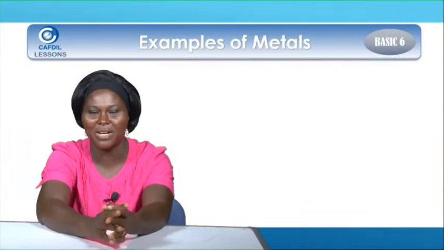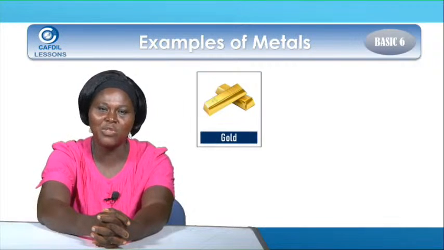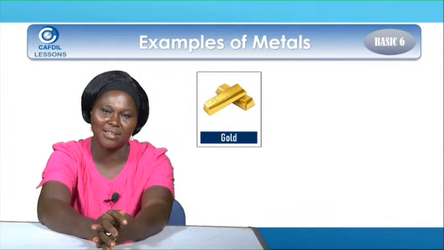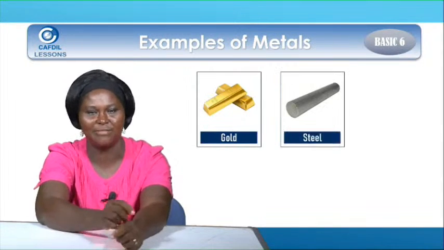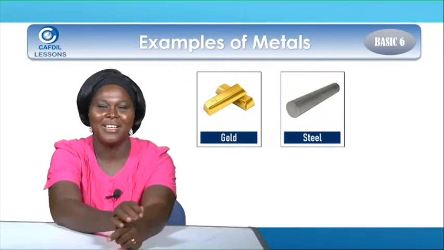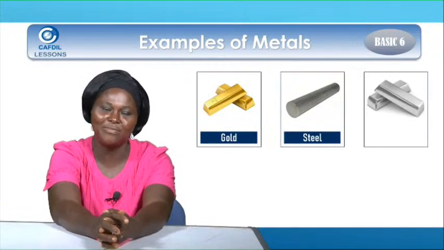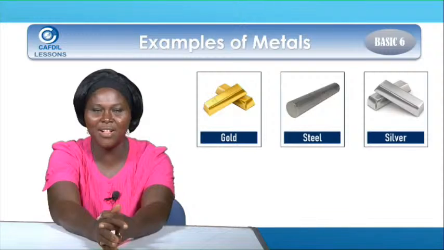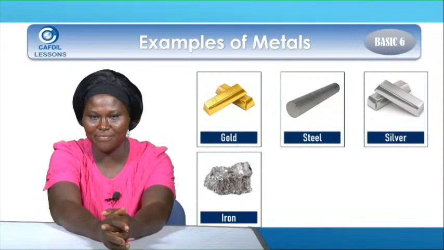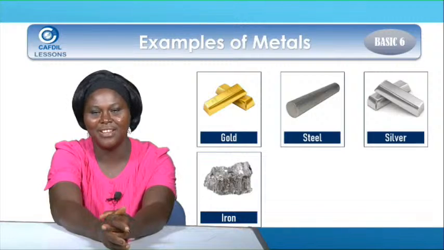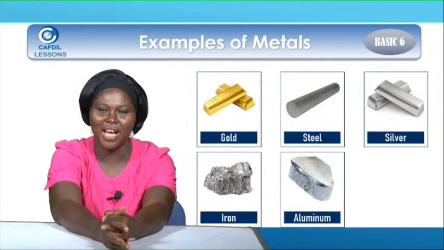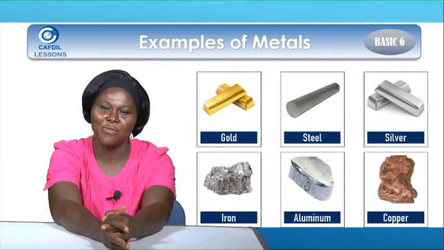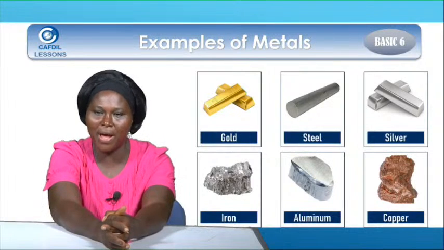So let's continue our lesson. Now we start with examples of metals. We have on our screen gold. Let's look at another metal. We have steel, silver, iron, aluminium, and copper.